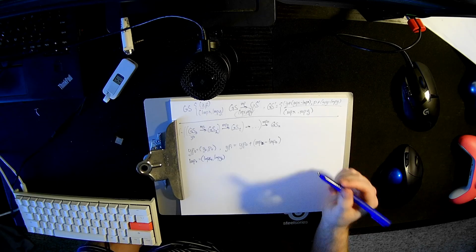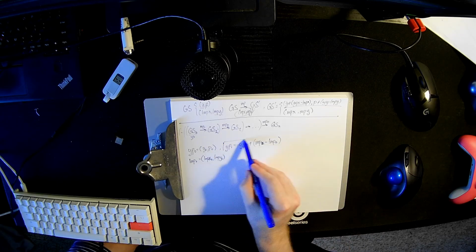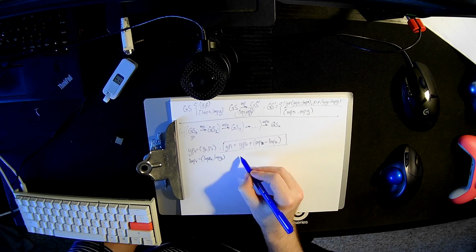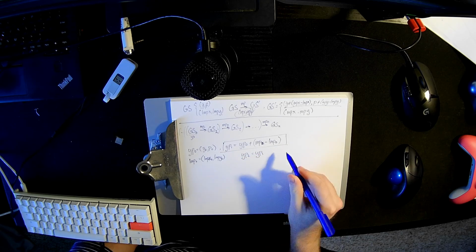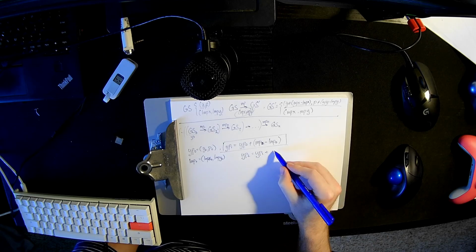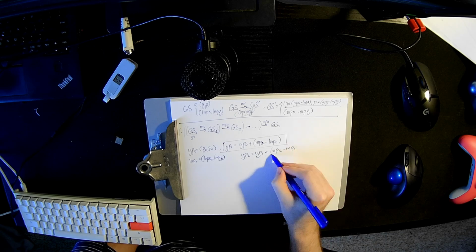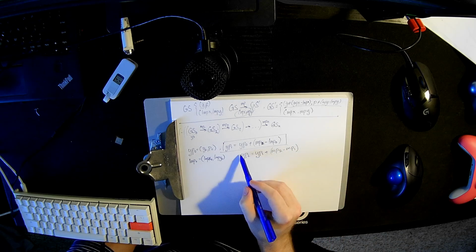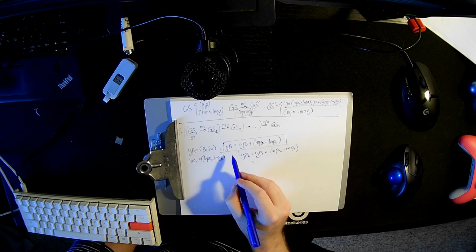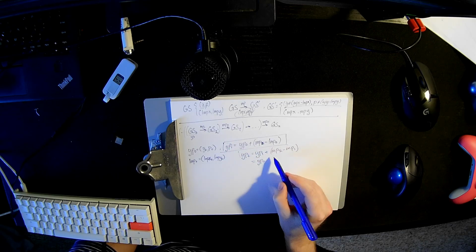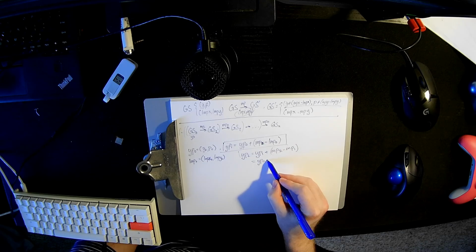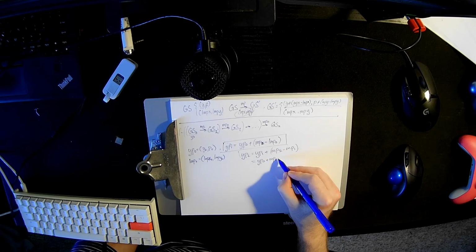Okay, so that's what yp1 equals. And what is yp2? yp2 equals yp1 plus mp2 minus mp1, right? And so now we know yp1 equals yp0 plus mp1 minus mp0.